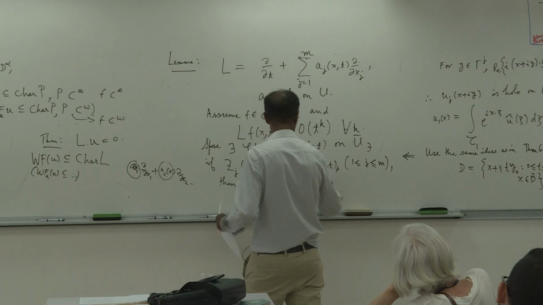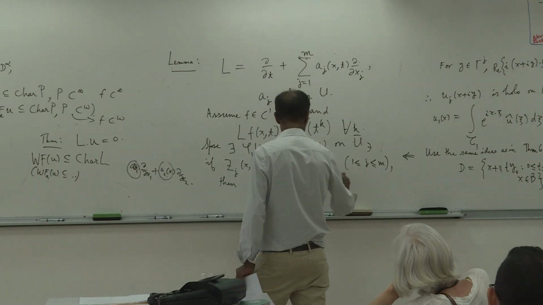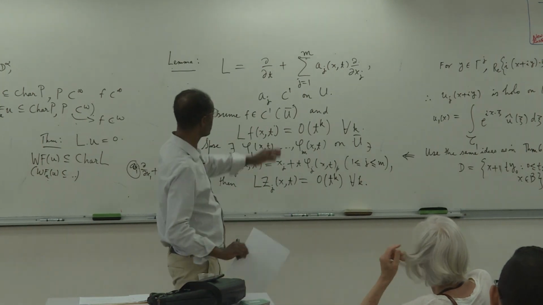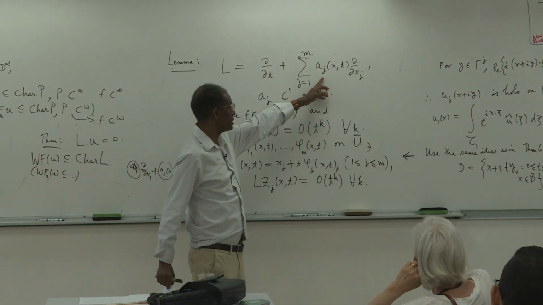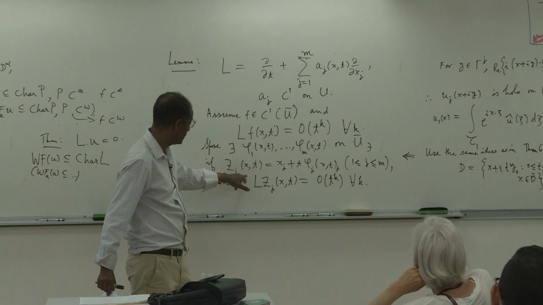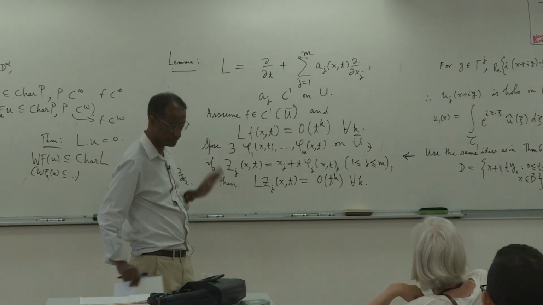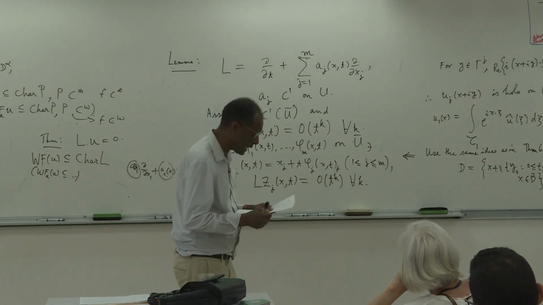I'll tell you when these conditions are satisfied. I'll show you in a minute that if the Aj were smooth to infinity, then in fact you always have these kinds of functions.